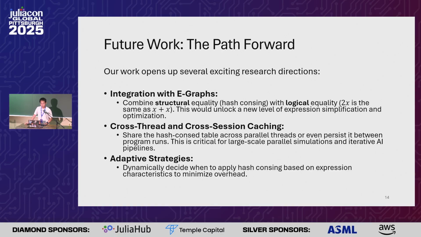And other open source symbolic systems have not yet fully deployed the mathematical canonicalization. So our Julia symbolic is the first one that published quantified results showing the benefits of hash consing for symbolic systems.